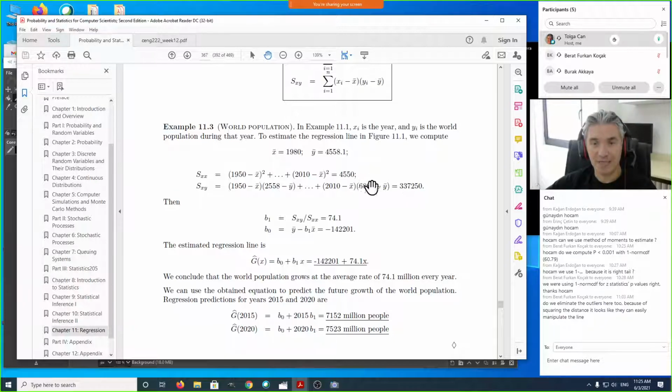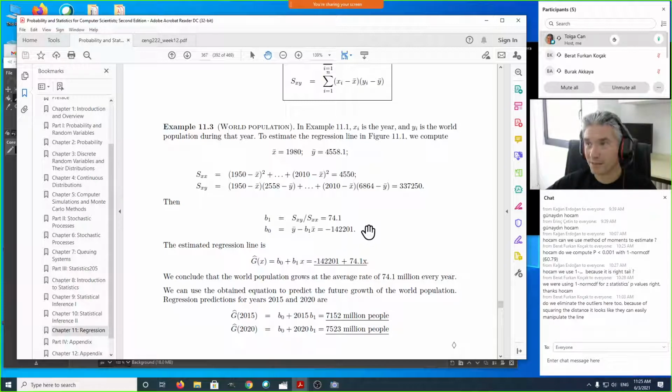After you obtain Sxx and Sxy, it's a simple matter, since you also have x bar and y bar. The slope becomes 74.1, and the intercept becomes some negative number. This intercept being negative doesn't make sense, right?